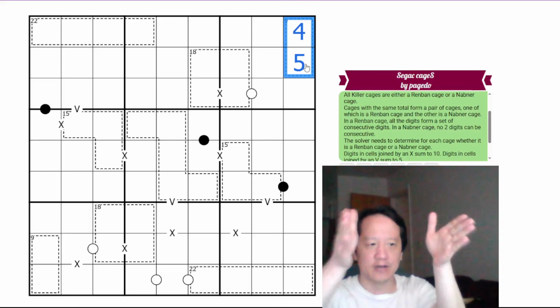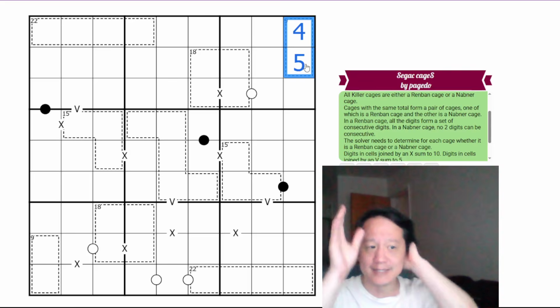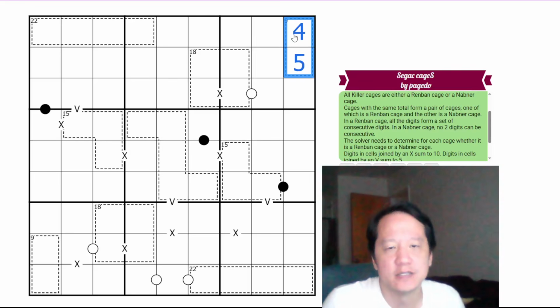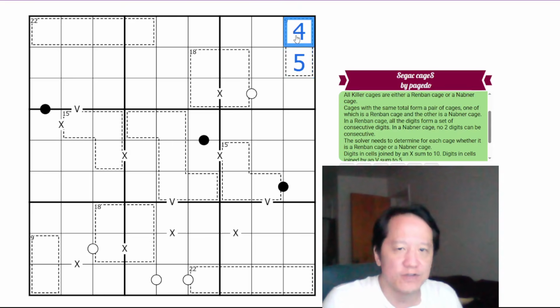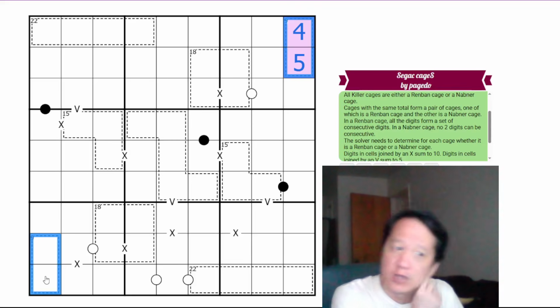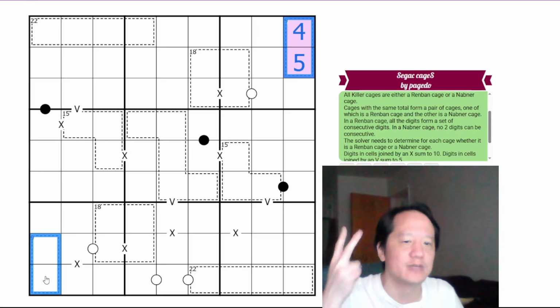In Renban, you have to have a set of consecutive digits, whereas in Nabner, you cannot have any consecutive digits in the set of digits adding up to that sum. So if this were the Renban line, which works because it's 4 and 5, which forms a set of consecutive digits, then these must not be Renban. They have to be some form of Nabner line where no two digits can be consecutive.